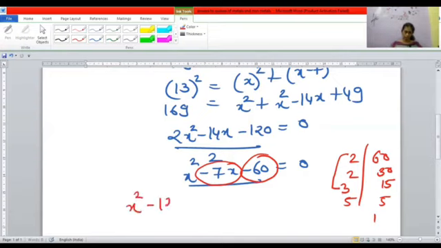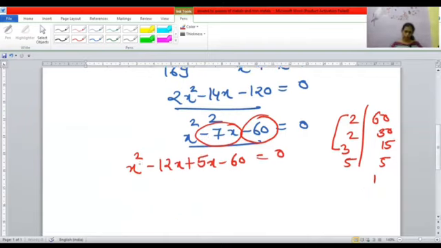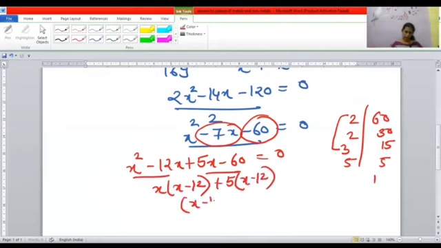So x square minus 12x plus 5x minus 60 is equal to 0. See, I have taken minus 12. Why? Because we have to get minus 7. Then take the common. So it is x into x minus 12 plus 5 into x minus 12. Yes, x minus 12 and x plus 5, that is equal to 0. Right? So x is equal to 12 and x is equal to minus 5.